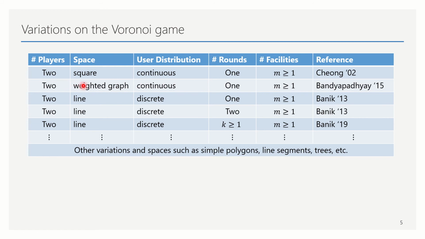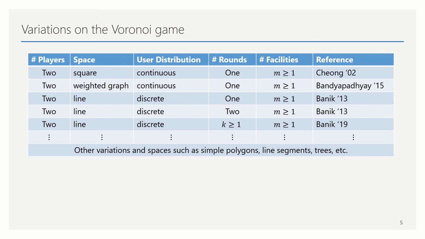Here is another example. Players play the game on a square. The corresponding uncovered area of the square to each player's facilities' Voronoi cell is defined as the player's payoff. The number of facilities for each player is the same, and the game will be played in 1 round.